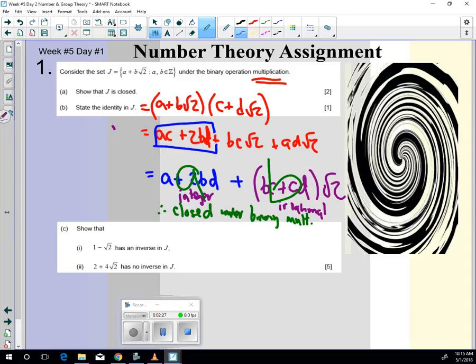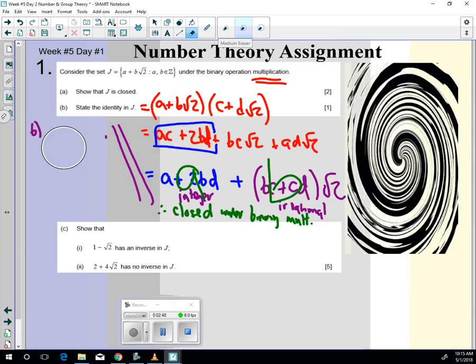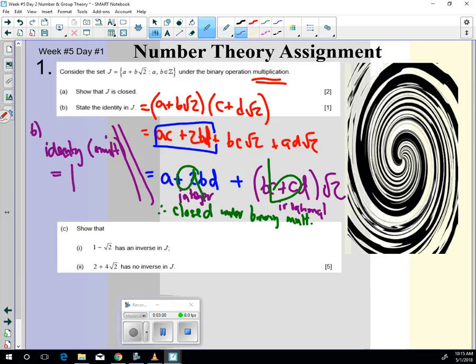How about part B here? How about the identity? What can we multiply a plus b square root of 2 by to get itself? The identity is going to be 1 times that. So the identity under multiplication is just going to be equal to 1.